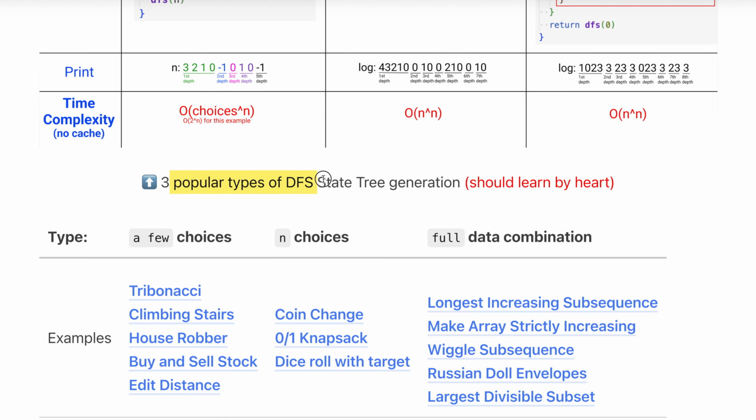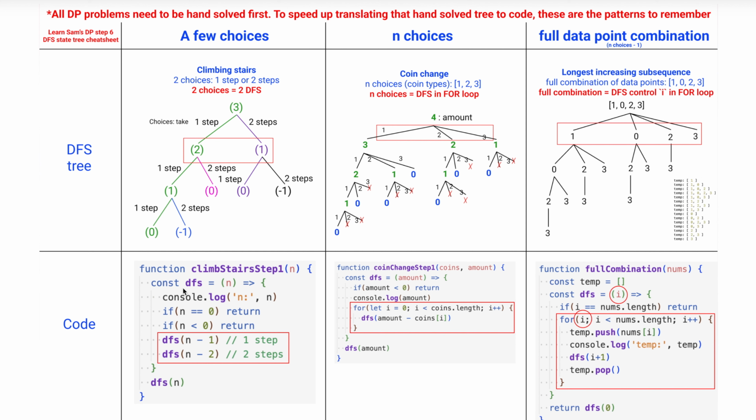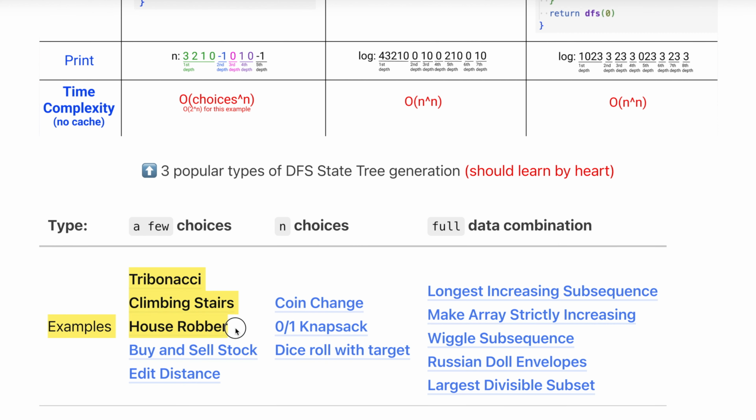These three types of depth first search state tree generation code are very popular. If you want to speed up the coding, where we translate the state tree into code, you should learn these patterns by heart, so you don't have to think about the code when you see the tree. And these are a few examples of DP problems of the type choices falling into our category.